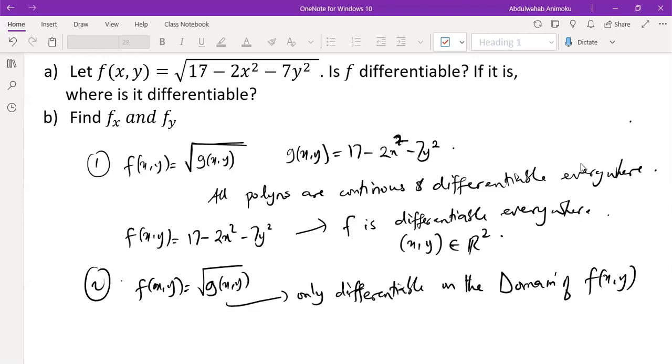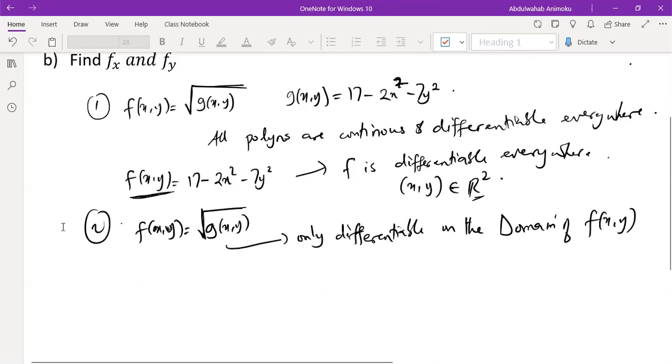Because in the first one, the domain of f of xy would be all of R squared. Here the domain depends on the restriction imposed by the square root. So first we need to find the domain of f, and then we conclude that on that domain the function will be differentiable, because the function inside is a polynomial. I hope that line of thought makes sense.